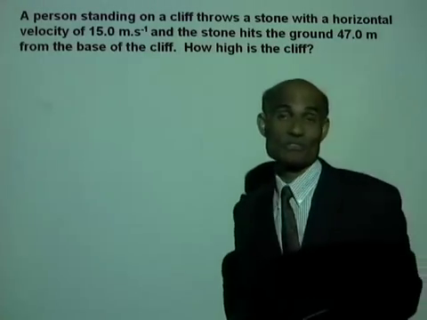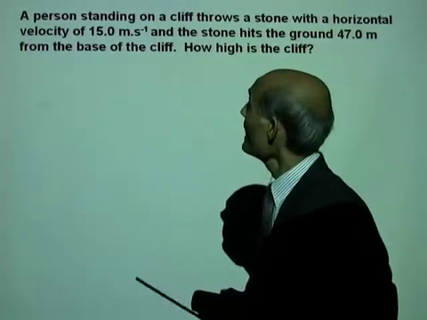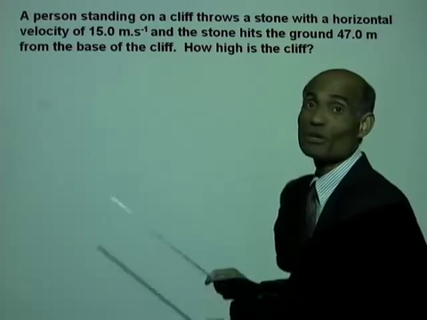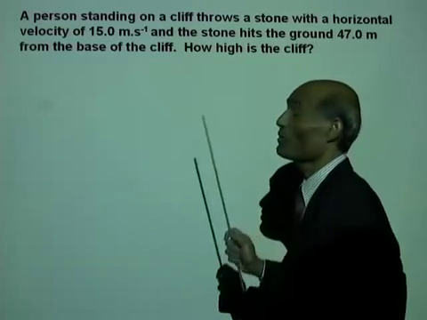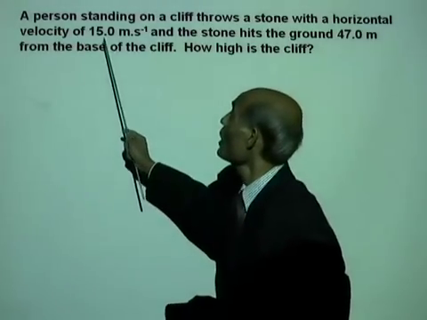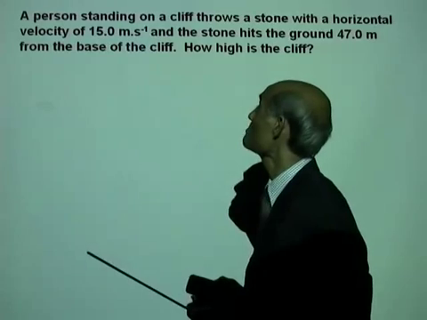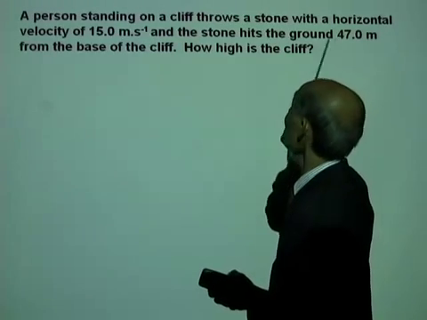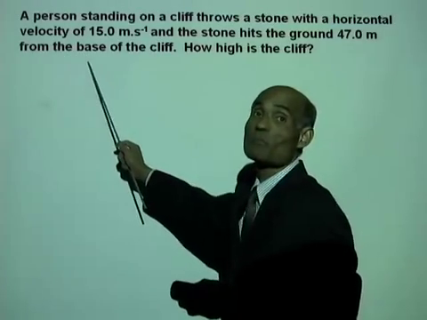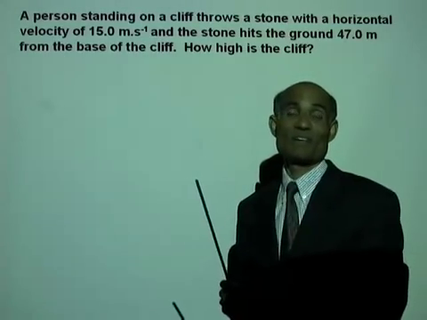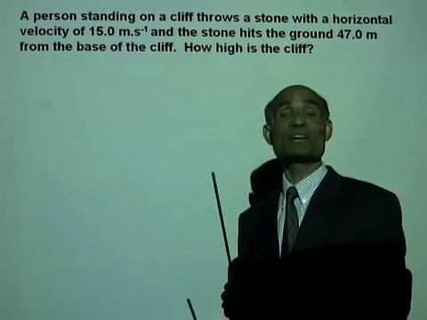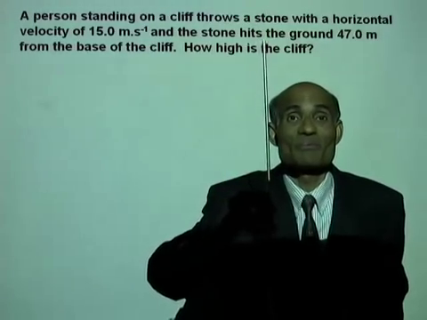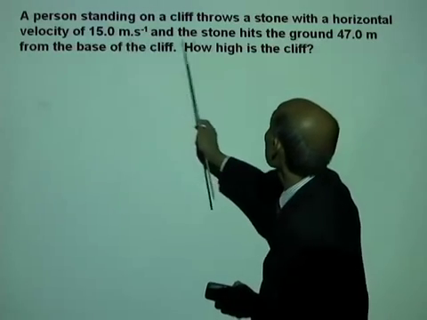Let's now do another problem. A person standing on a cliff throws a stone with a horizontal velocity of 15 meter per second, and the stone hits the ground 47 meter from the base of the cliff. How high is the cliff? We are looking for y0.